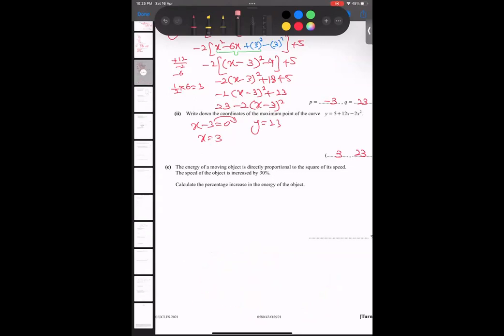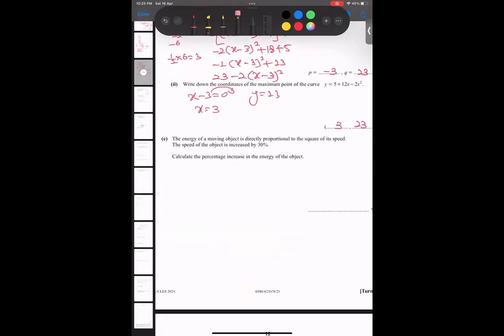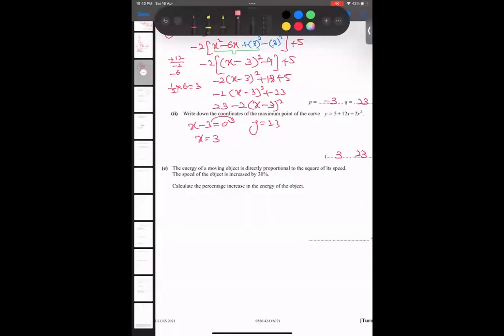Now let's move on to the next page. And the next page is asking the E part. So this E part: energy of the moving object is directly proportional to the square of the speed.